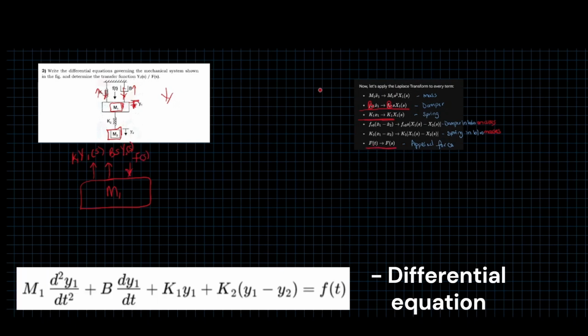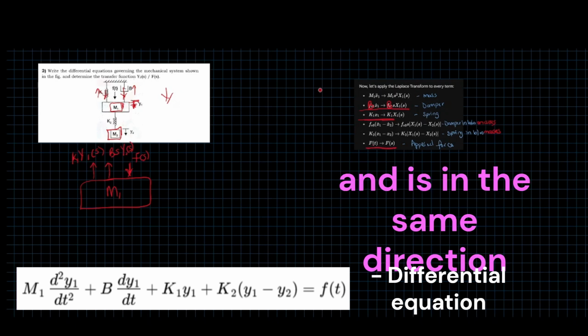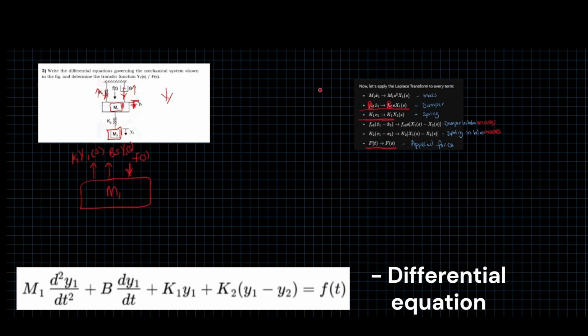And then the next thing we have is that the mass is also going to oppose the direction. So it's going to go in this direction: M1 Y1 double dot, or in this case it should become S squared Y1(S).